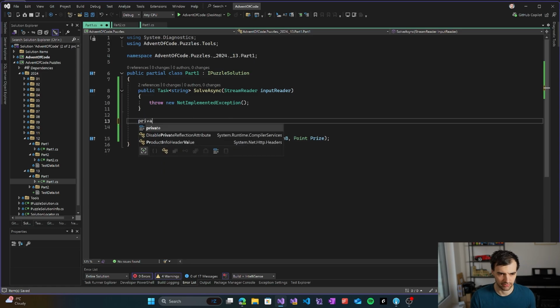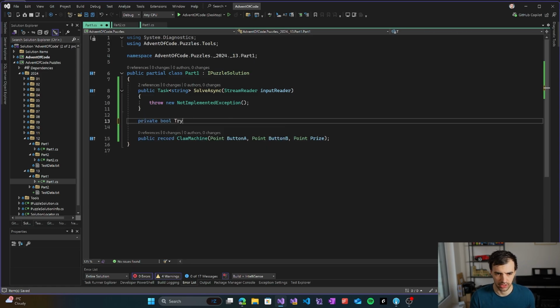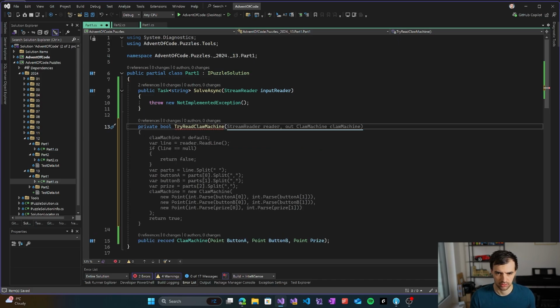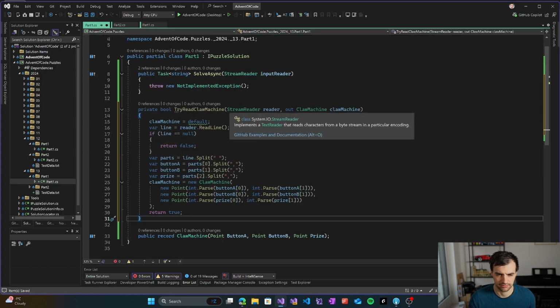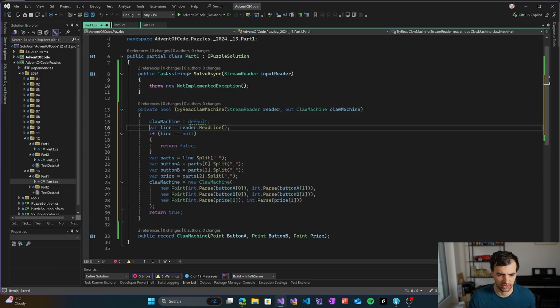So I will have a bool TryReadClawMachine, which will have a StreamReader, yeah, exactly like this. Basically, if the input is empty, we will return false, that's right.